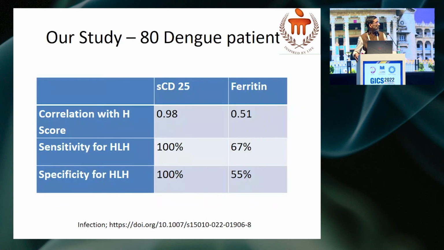We did a small study of 80 dengue patients and found that the correlation coefficient with H-score was excellent for soluble CD25, at 0.98, compared to only 0.51 for ferritin. What's more, the sensitivity and specificity of soluble CD25 was nearly 100%, and we have published this paper recently.